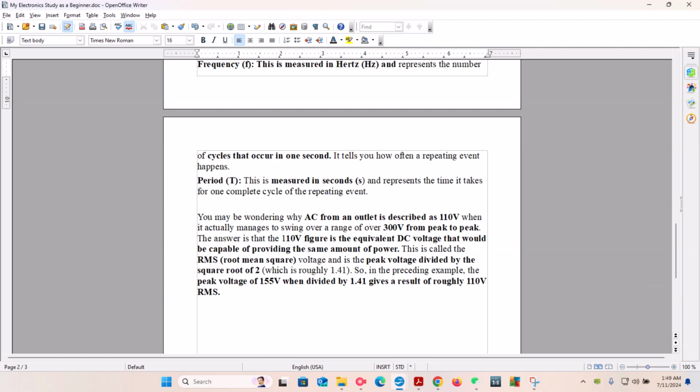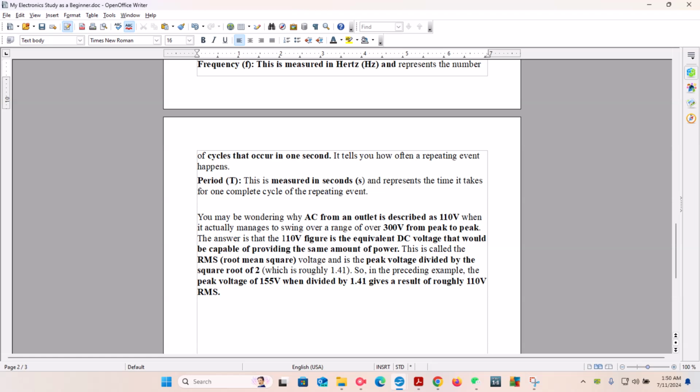I'd like to conclude this lesson by addressing something you may be wondering: why AC from an outlet is described as 110 volts when it actually swings in a range of over 300 volts from peak to peak. The answer is that the 110 volt figure is equivalent to the DC voltage that is capable of providing the same amount of power. This is called the root mean square. You take the peak voltage and divide it by the square root of 2.